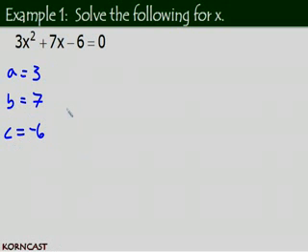Before I substitute into the quadratic formula, I like to square my b term now. That's just to make sure that I don't make any mistakes in the substitution. Okay, so I'm always going to start with x equals, because that's the whole point of using the quadratic formula, to solve for x.